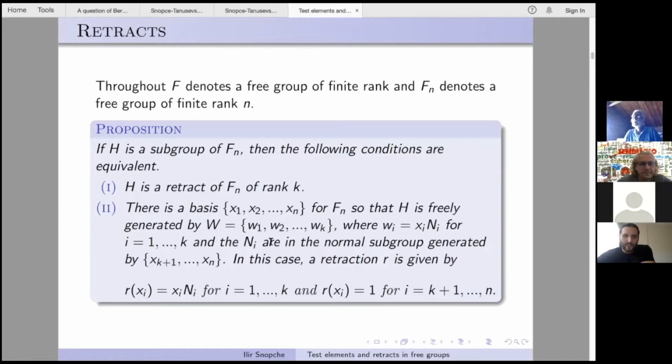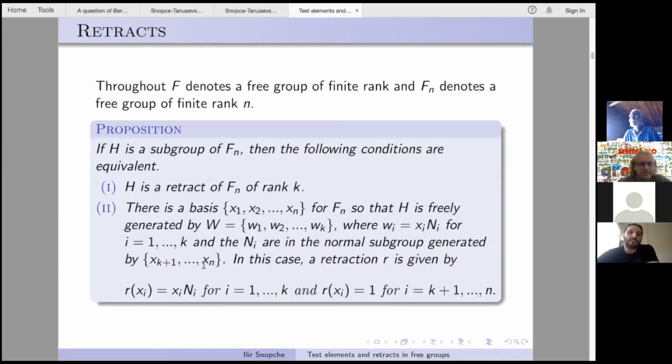And what are the n_i's here? The n_i's belong to the normal subgroup generated by the other generators, x_{k+1} up to x_n. Again, we have x_i, where i goes from 1 to k, times n_i, but all these n_i's are coming from the normal subgroup generated by the remaining generators.